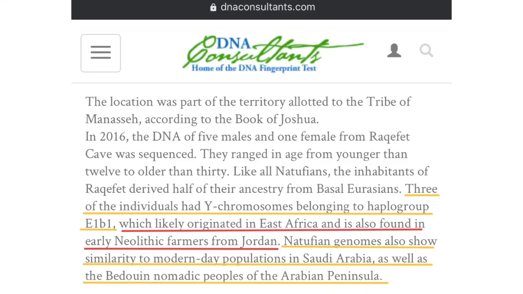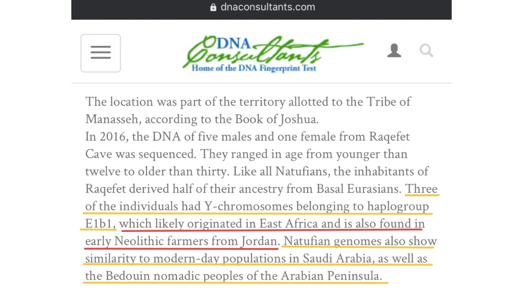This is from DNAconsultants.com, and it reads, 3 of the individuals had Y chromosomes belonging to haplogroup E1b1, which likely originated in East Africa and is also found in early Neolithic farmers from Jordan. Natufian genomes also show similarity with modern-day populations in Saudi Arabia, as well as the Bedouin nomadic peoples of the Arabian Peninsula.